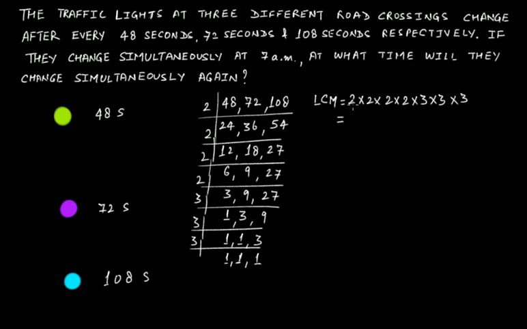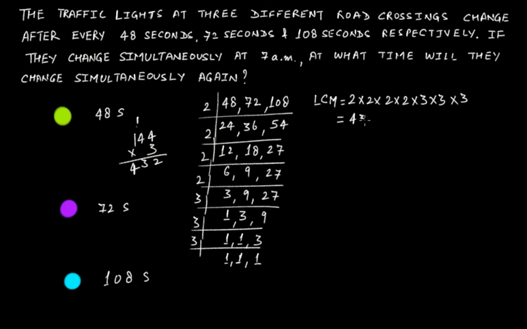This will be 2 times 2 is 4, times 2 is 8, times 2 is 16, times 3 is 48, times 3 is 144, and 144 times 3 is 432, sorry, 432.